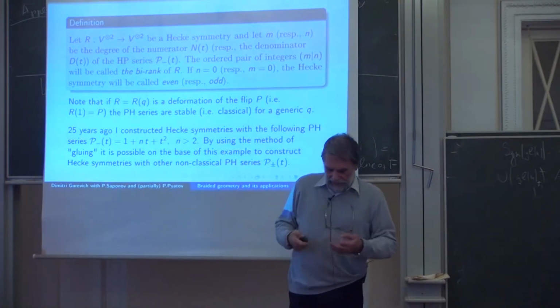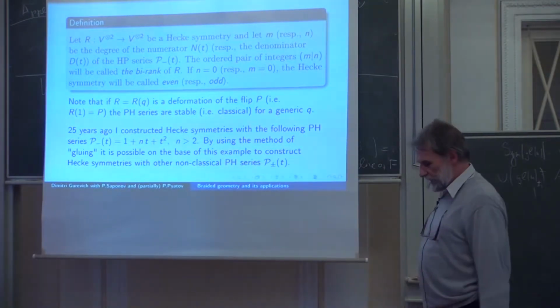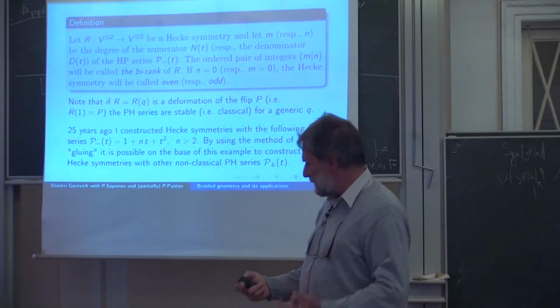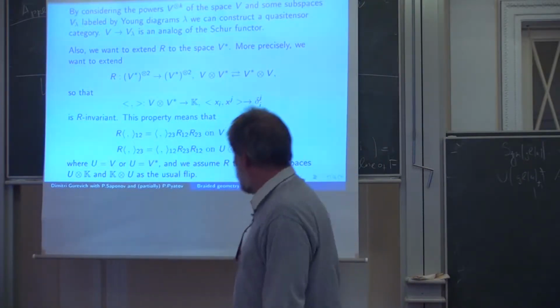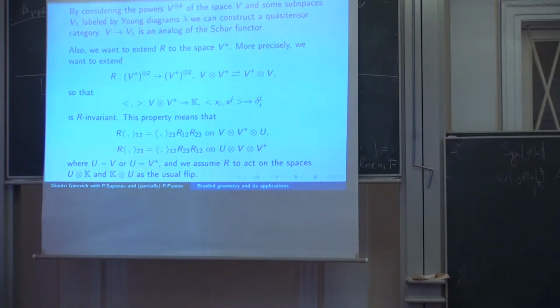So by using this example, it's possible to construct a big family of examples which are not a deformation of the usual flip or superflip. Now, temporal leap case? Yes, it corresponds to temporal leap, you are right.